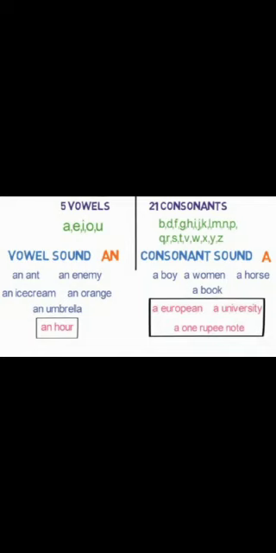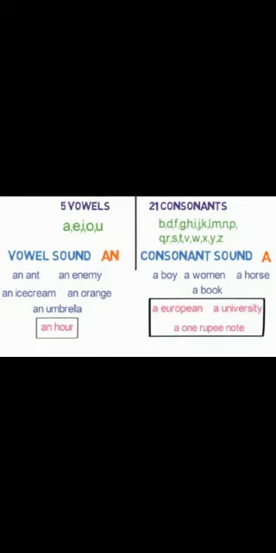Now, in front of consonants: a boy, a woman, a horse, a book, a European, a university, a 1 rupee coin. Now see children, here a European, no doubt E is a vowel, but what does it sound like? And in front of university also we have to add a.